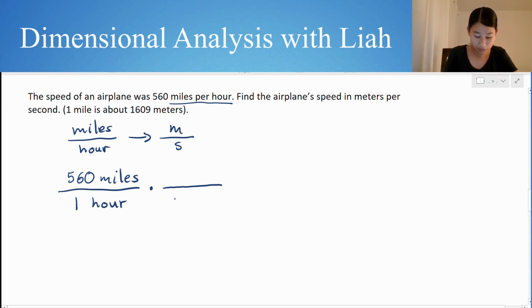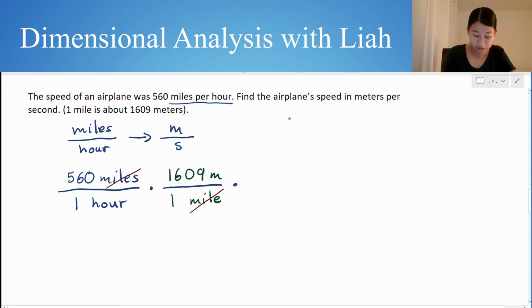So if we put here 1 mile on the bottom, then we can put the conversion factor of meters on top. Okay, so there are 1,609 meters per 1 mile. Now that we have miles on the top and on the bottom, we can cancel out miles. Now that we have converted our distance unit, we can go ahead and convert our time. So we need to write this in seconds, okay, meters per second.